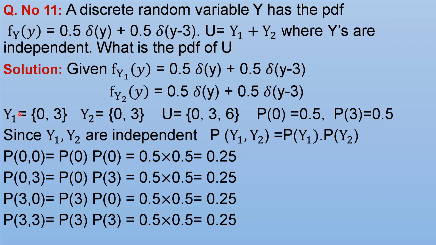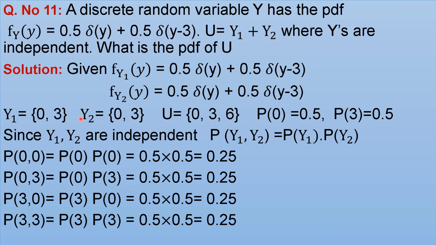The probability that y1 takes value 0 and y2 takes value 0 is p of 0, 0, which is p of 0 into p of 0, which is 0.5 into 0.5, 0.25. The probability that y1 will be 0 and y2 will be 3: p of 0, 3 will be p of 0 into p of 3, 0.5 into 0.5, 0.25.